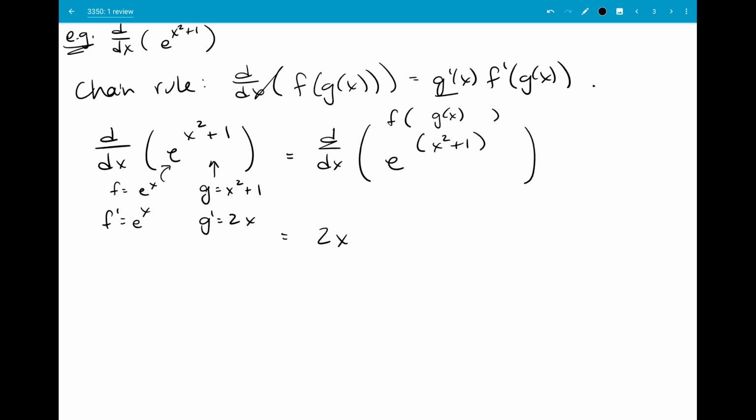So f prime is e to the x. I guess picking exponents wasn't the best for demonstrating that. But you still plug in g. Maybe I'll do that in 2 steps. So that's your g prime.